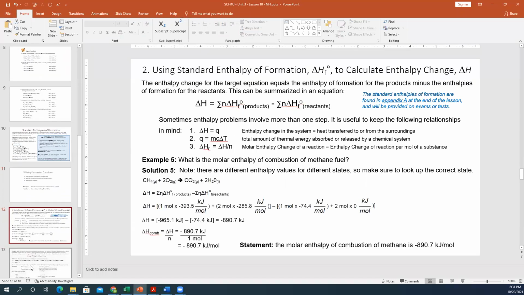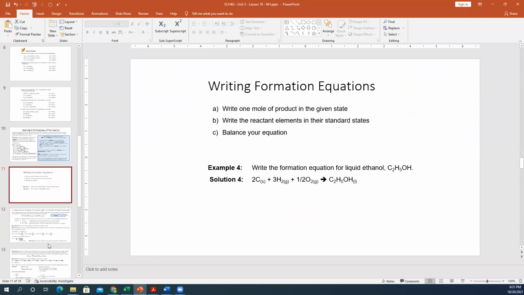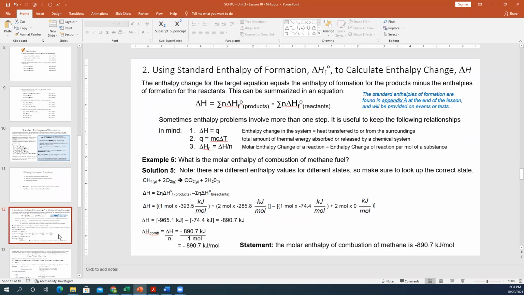Now, how do we use these standard enthalpies of formation to calculate the enthalpy change? The enthalpy change for your target equation will be equal to the enthalpy of formation for all the products minus the enthalpy of formation of the reactants.